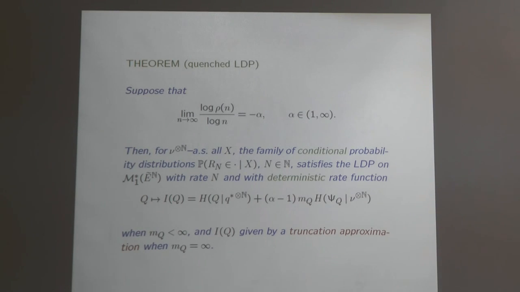So what does this say? The first thing that it says is, yes, even if you condition on x, there is a large deviation principle. Good news. It also says the rate function is different. There is the old rate function plus something more.